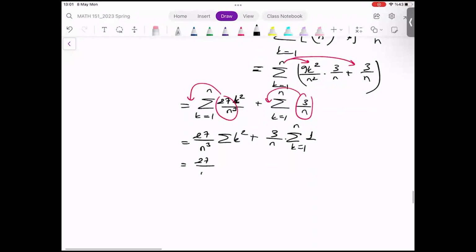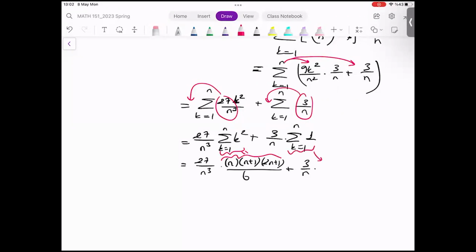27 over n cubed, sum of squares from k equals 1 to n. There is a formula for it. What was that? n plus 1, 2n plus 1 over 6. This is the formula for the sum of squares. And the second part, 3 over n. So you are summing up ones, how many times? n times.